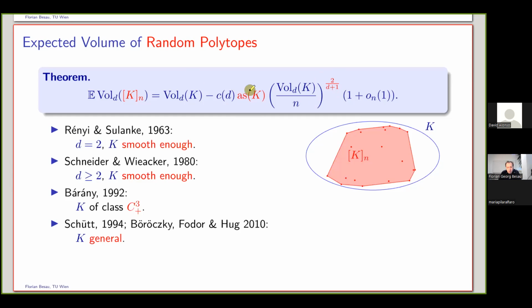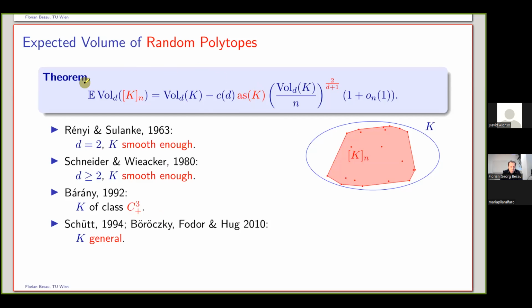The constant depends on some known dimensional constant and this geometric quantity of K. So the error term in this expected volume of the random polytope is controlled by a rate in n with a certain power and some geometric quantities.